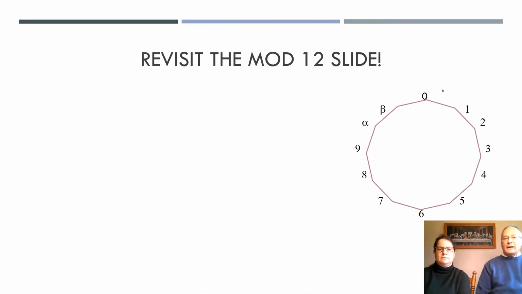Okay, here's the mod 12 slide. So we said in the prior one, we can draw the vertical line connecting 0 and 6, and you can draw horizontal lines.